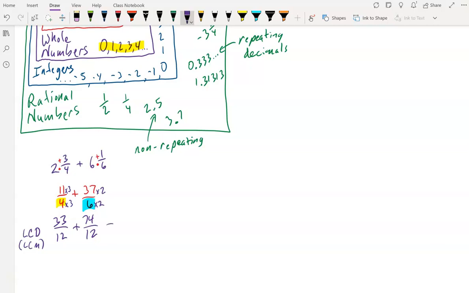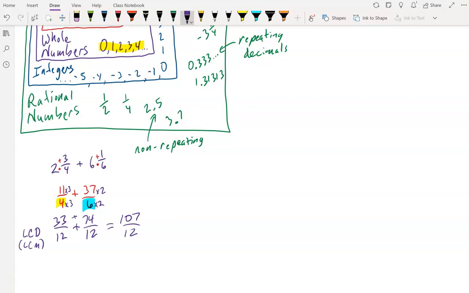And now, because the denominators are the same, I can just add them. Now remember, the denominator is going to stay the same, and I'm going to add the numerators. So 33 plus 74. Well, 3 plus 4 is 7. I don't have to regroup anything, and 3 plus 7 is 10. 107/12. Well, that's pretty awesome.